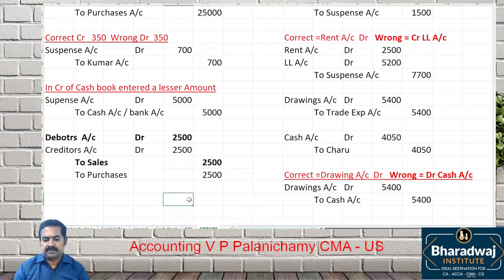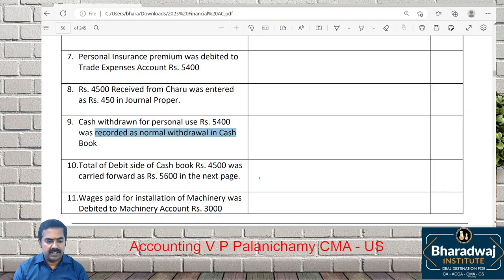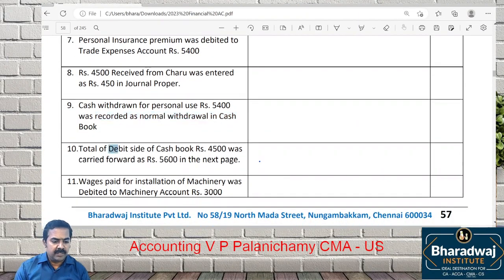Next, see what is there. Total of debit side of cash book 4,500 was carried forward as what? 5,600 to the next page. Did they change the side or is it in the same side? They have not told that debit page is carried to credit. Debit side 4,500, next page debit 5,600.